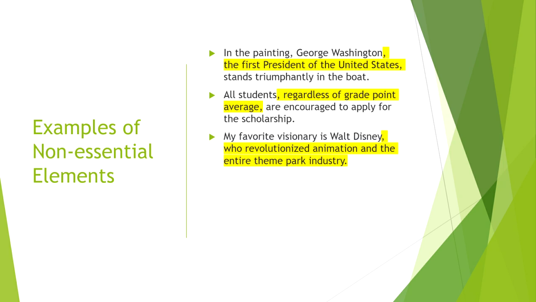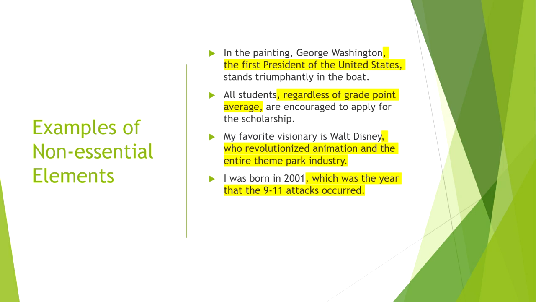And help emphasize what this person personally thinks is important. So it very often happens with these who phrases. So watch out for those sentences, although they can, in some situations, be essential elements too. So you have to determine whether it's essential to the meaning or not, okay?